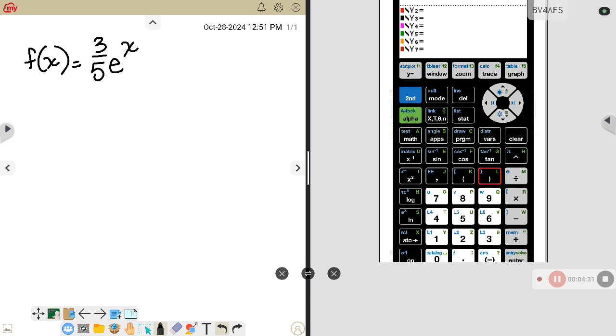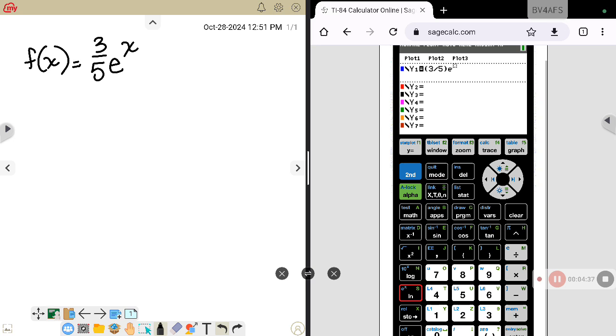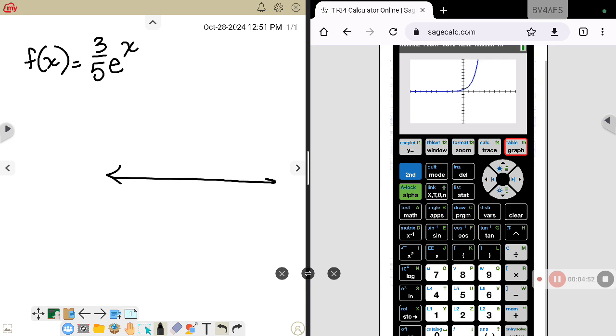So second, and then the e. You'll notice that that gives you the e, and it also automatically puts the cursor up into your exponent where you will put the x.